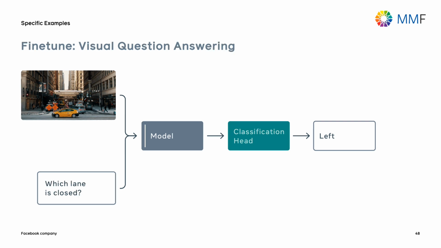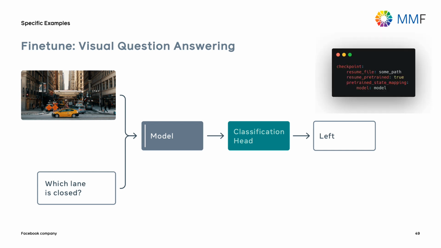So you can take the part that's before the pre-training head and just copy paste it inside here for video question answering, and add a classification head on top. So replacing this head is very easy inside MMF. You just specify your pre-trained state mapping and you can just get the same thing back. So on the side, I show how it's possible through the configuration system.